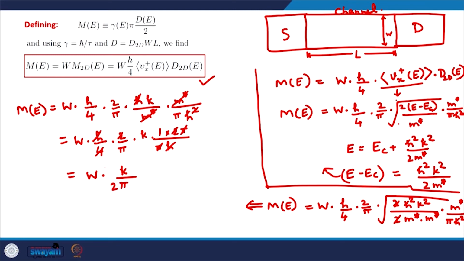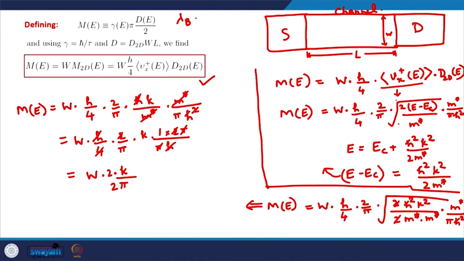So if we divide and multiply by 2, this is what we get. Now please recall from basic quantum mechanics that according to the wave particle duality, if the wave number of an electron is k, its de Broglie wavelength lambda b is 2 pi by k.